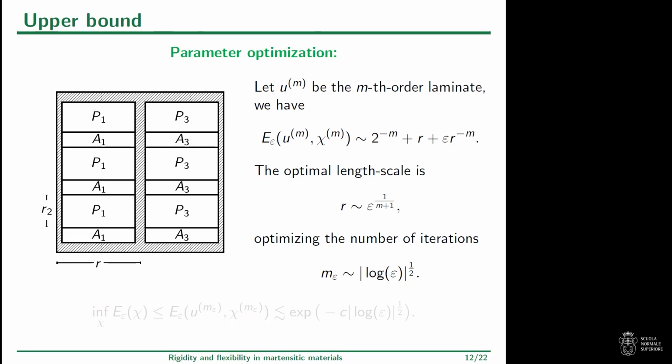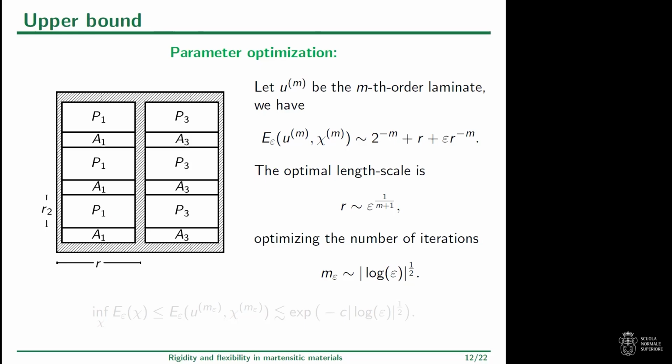Of the second order, that is this one, this is R squared. Of the third order, that is this one, this is R cubed, and so on. So of course, the number of oscillations is 1 over R, in this case 1 over R to the power 3. If I did m iterations, it is 1 over R to the power m, times epsilon.